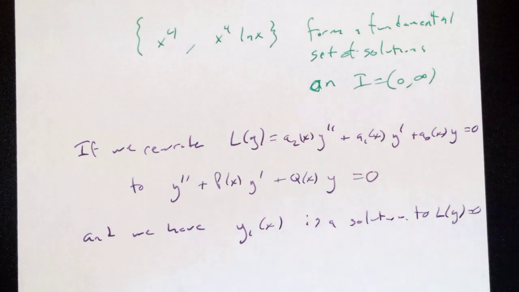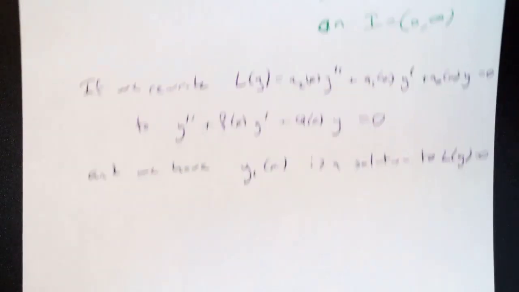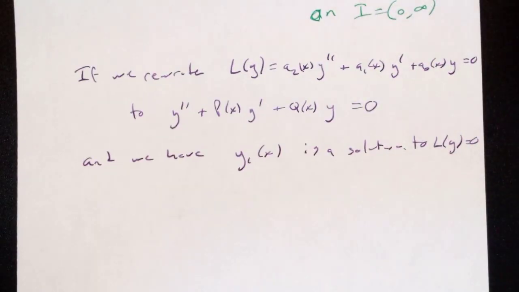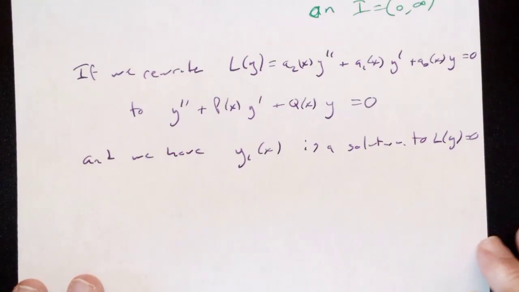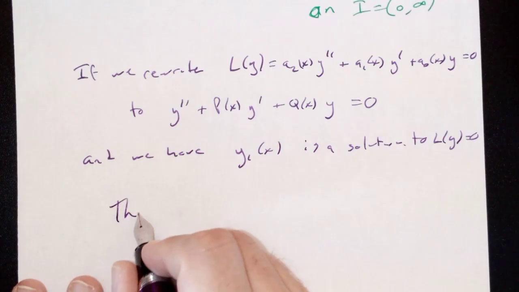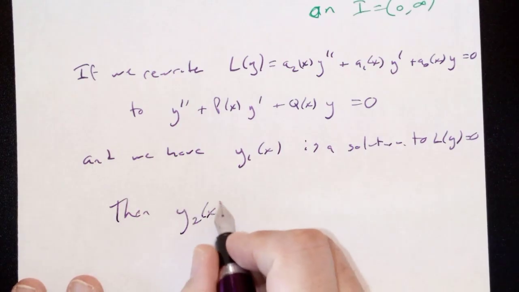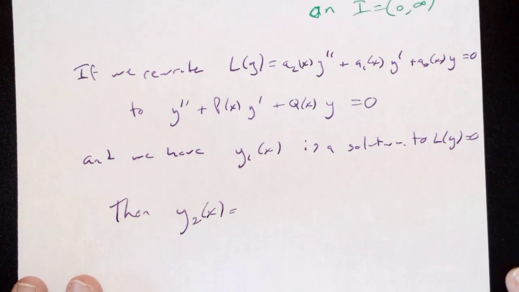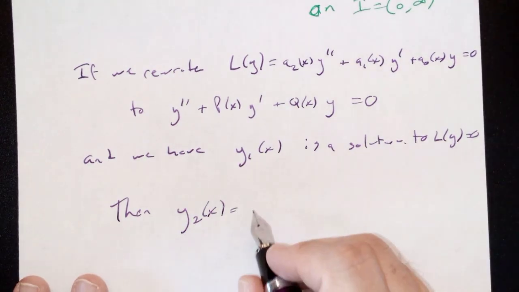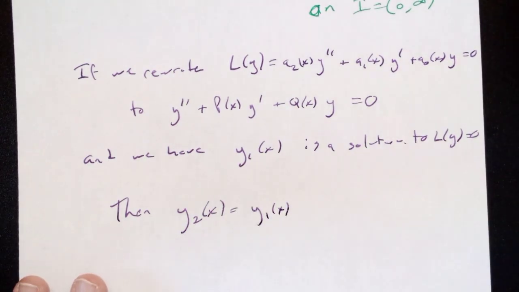Now remember, this said I was going to start with the assumption that we have a solution. It turns out we get y2 of x is y1 of x times u.